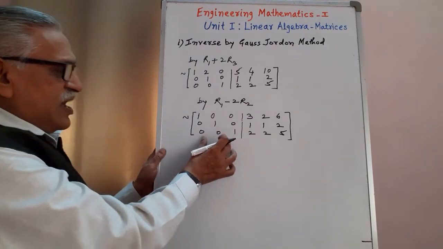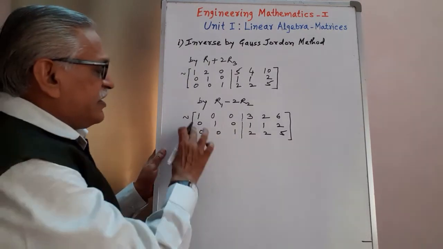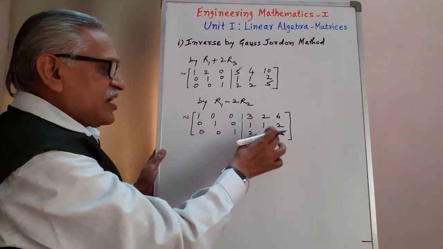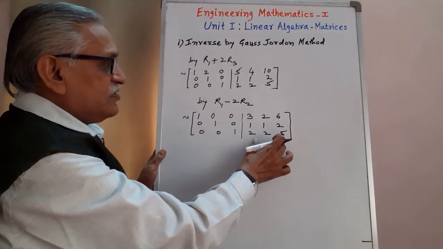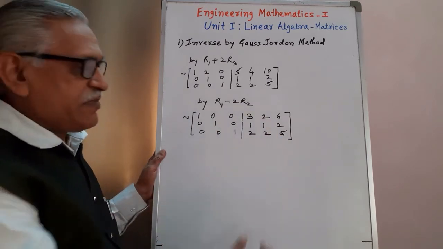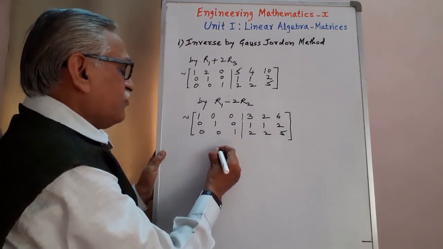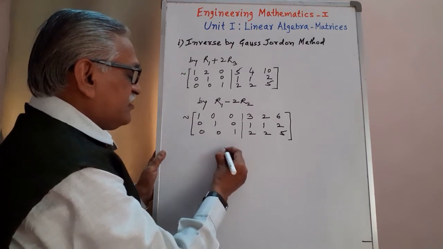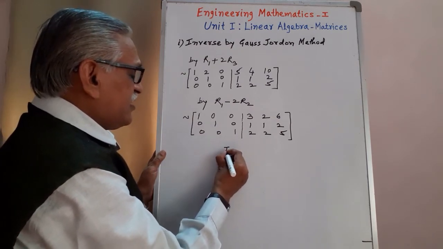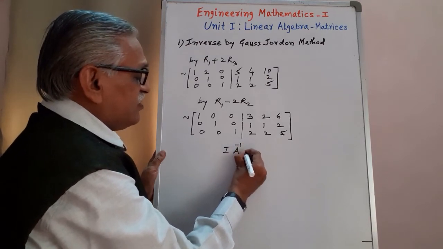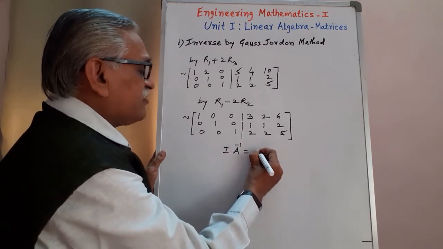Therefore, I have converted matrix A to the identity matrix, and the same transformations I have applied on the identity matrix, the second matrix, and therefore we use that result, the identity matrix turns into the inverse matrix.